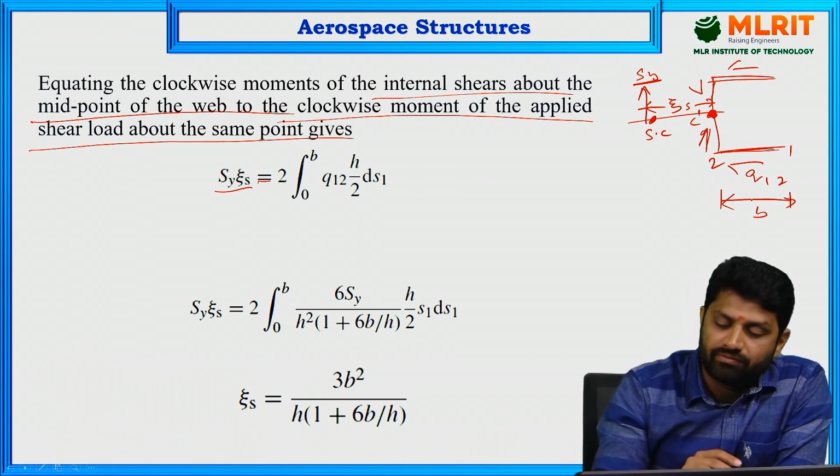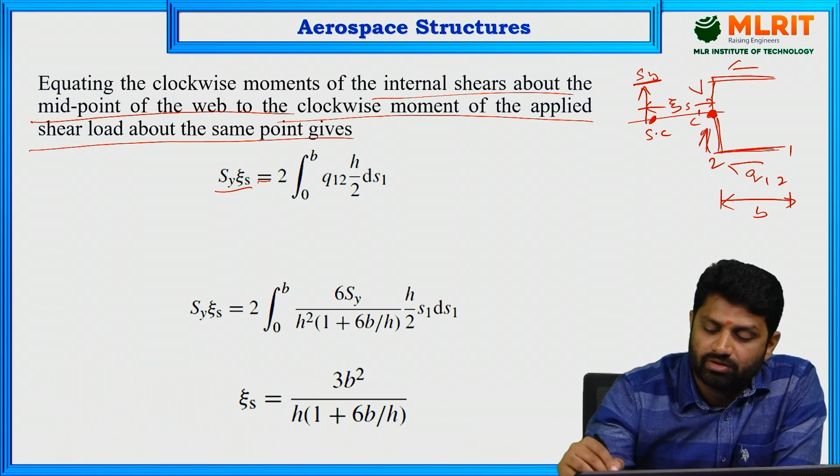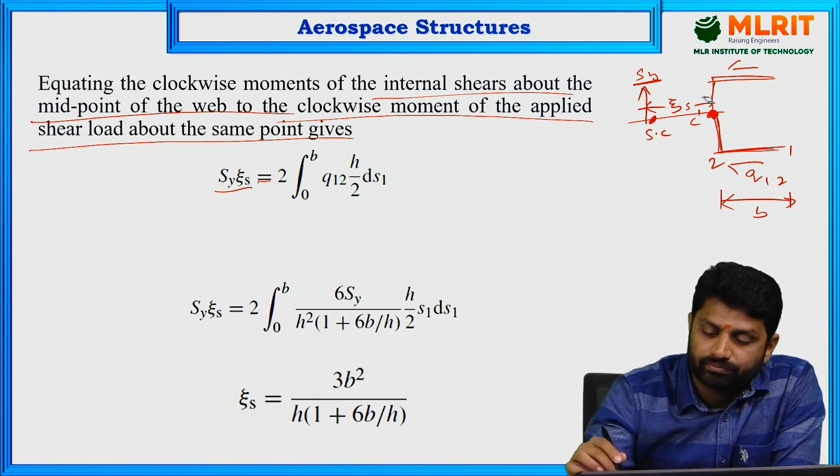So these two shear flows, which we have not calculated anyway, are passing through the same point where we are calculating moment. This shear flow passes through C dash, and this shear flow is also passing through C dash.